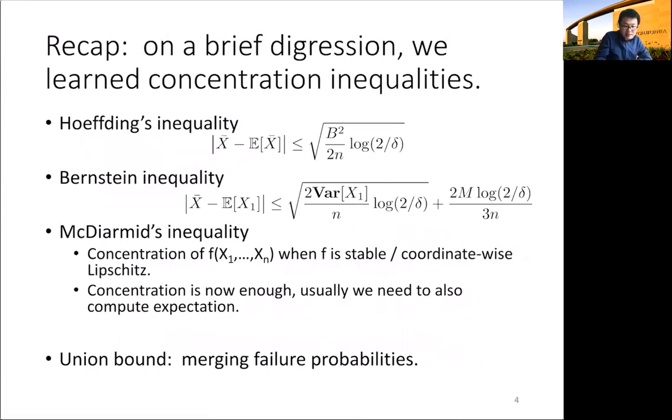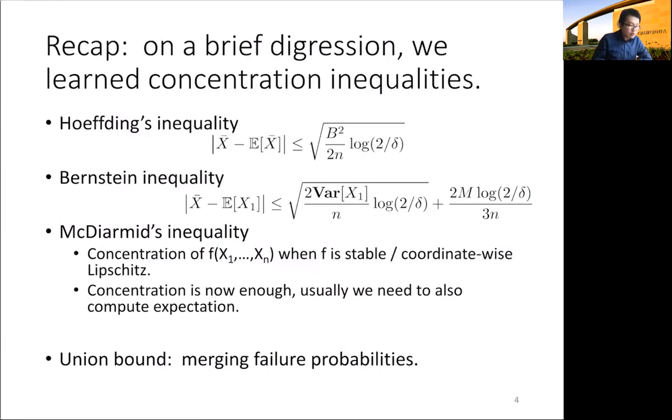In order to analyze this algorithm, we took two approaches. And before we took the first approach, we took a brief digression to learn about the concentration inequalities that are very typically used in the statistical literature and in the analysis of machine learning algorithms. These are really some of the fundamental building blocks of the theory of machine learning.